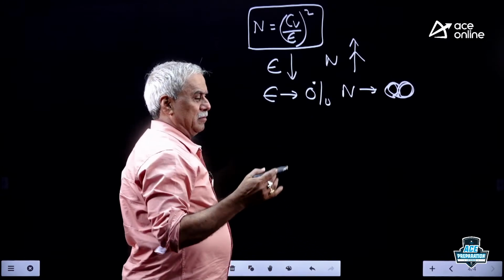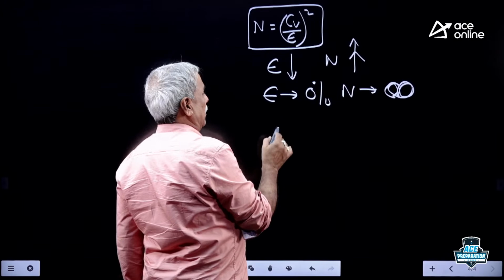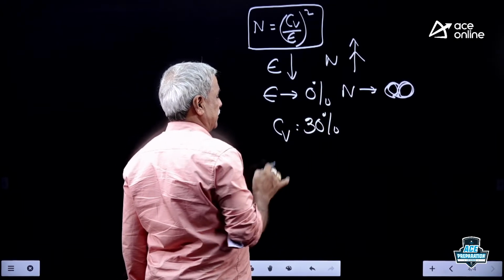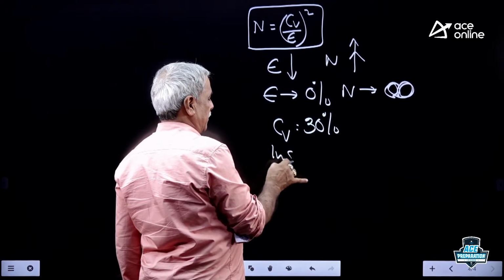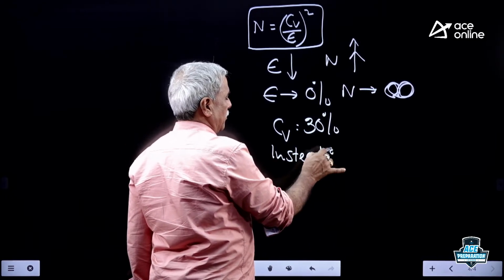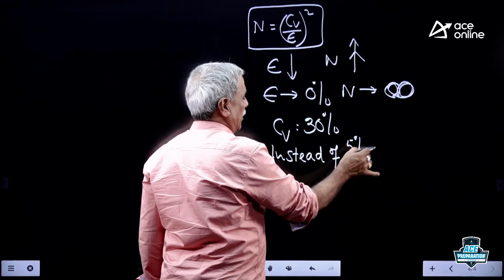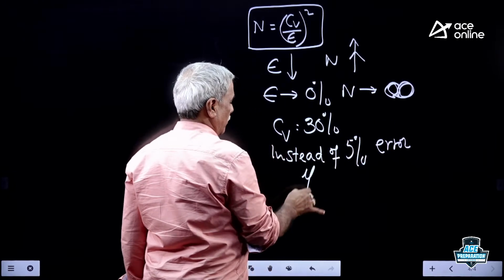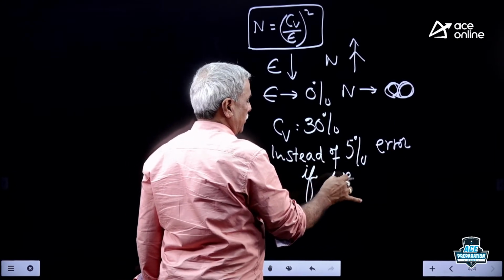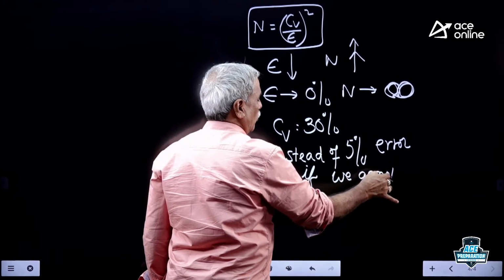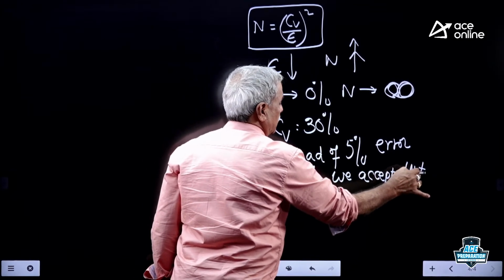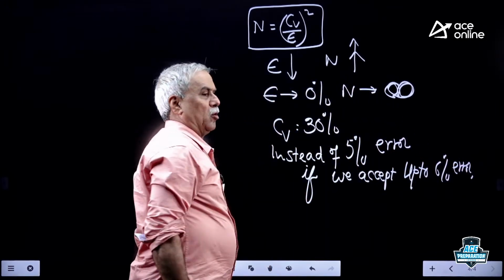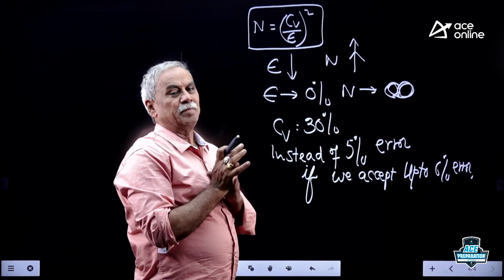Sometimes problems are like, for example, coefficient of variation is 30%, instead of 5% permissible error, if we accept up to 6% error, how many rain gauge stations' cost is saved?